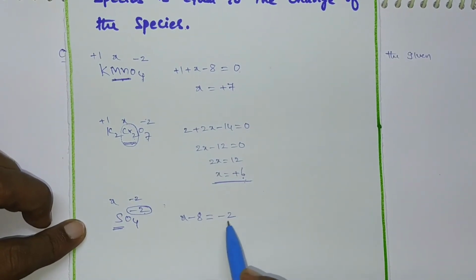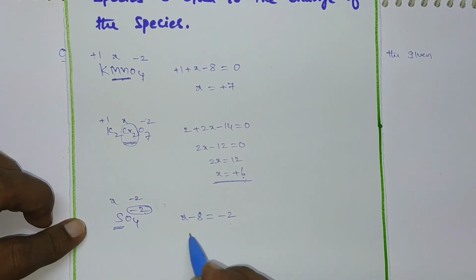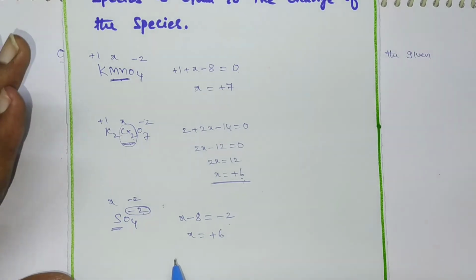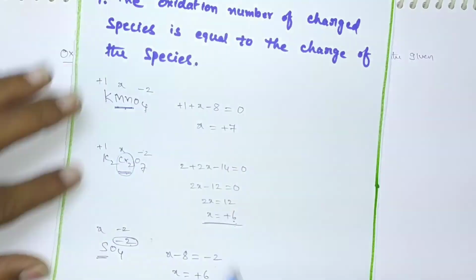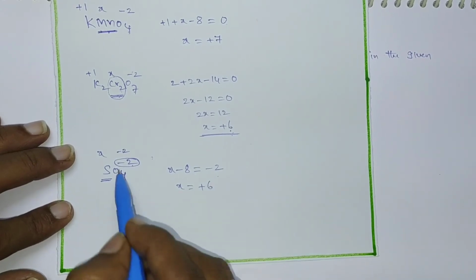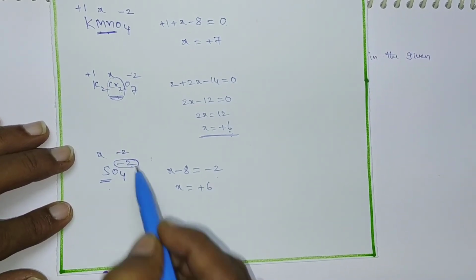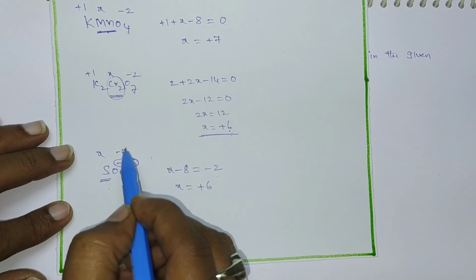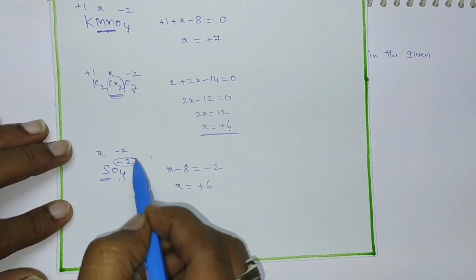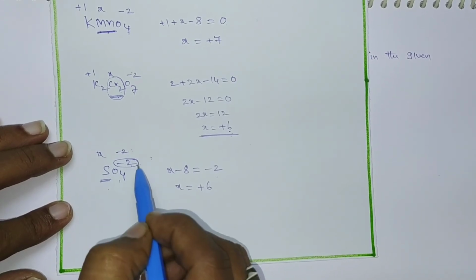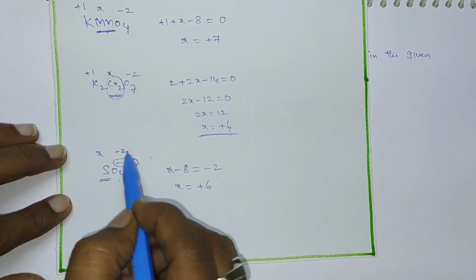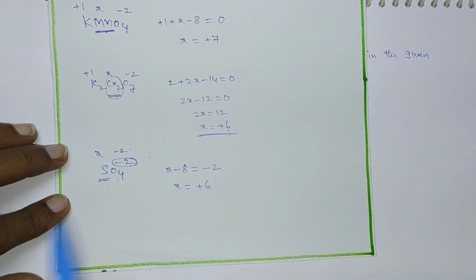So that's why we put -2 here, and x is equal to +6. Clear? Here we considered 0 for the neutral molecule, and here -2 because it is a charged species. This is the charge, and this is the oxidation state of oxygen. Don't confuse these.